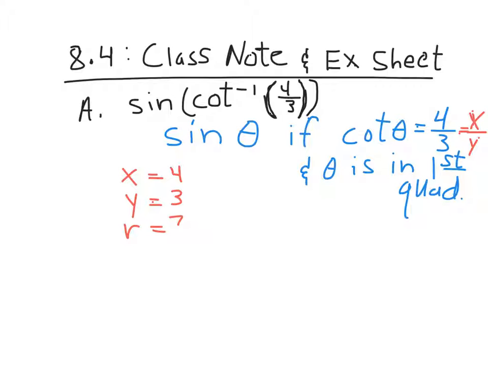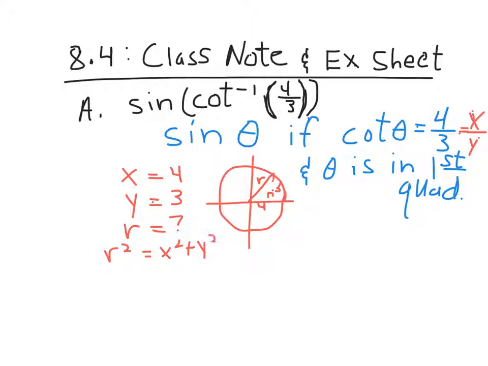Now remember, we're not on the unit circle. We know we have an angle that's in the first quadrant, somewhere about right here. We know that the x is 4, so here's 4. The y is 3. And we need to figure out what r is. Of course we have the right triangle, so we're just going to use the fact that r squared equals x squared plus y squared.